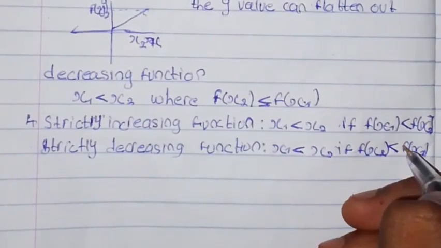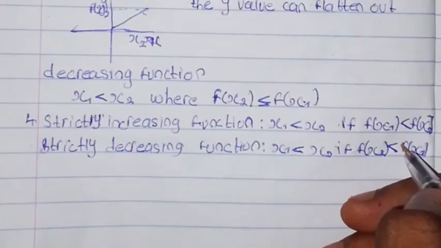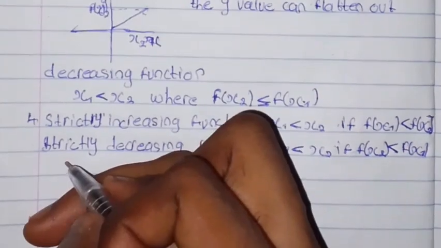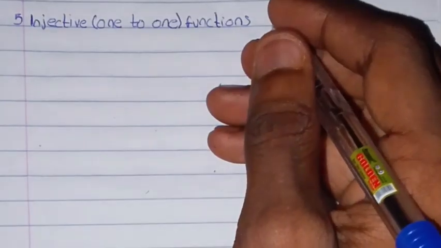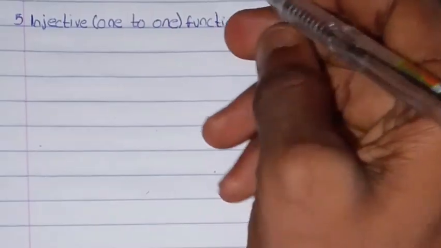And lastly, we're taking injective, surjective, and bijective functions. We're taking the last types of functions, which are injective functions. Injective, also referred to as one-to-one functions.